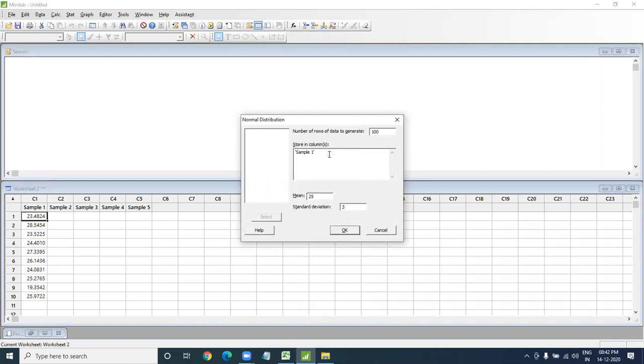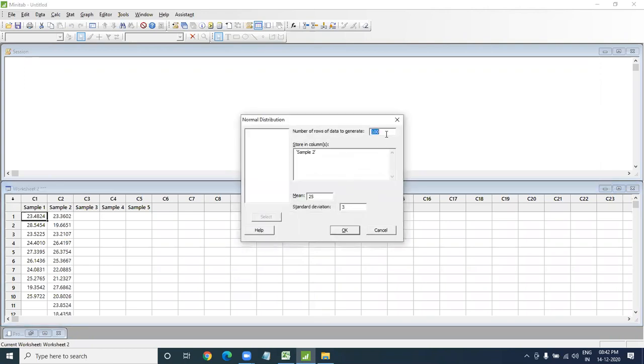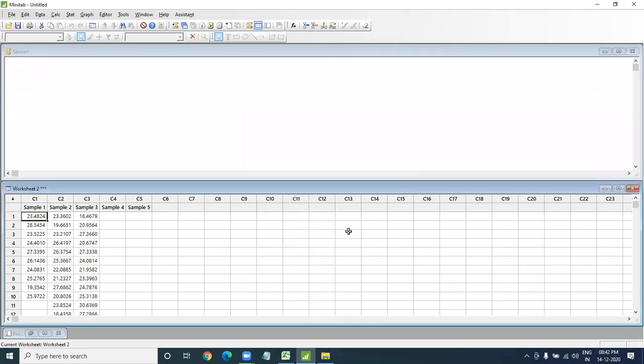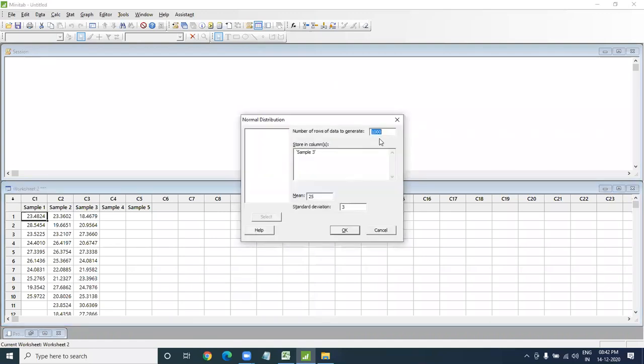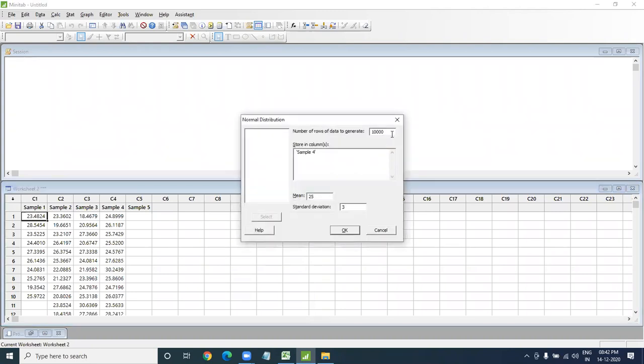Try to see the shape of the data. We all know what a normal distribution looks like. We'll be able to evaluate what this central limit theorem talks about. I'm just increasing the sample size and we'll look at the normal distribution for this one. How does the shape change as we increase the sample size?